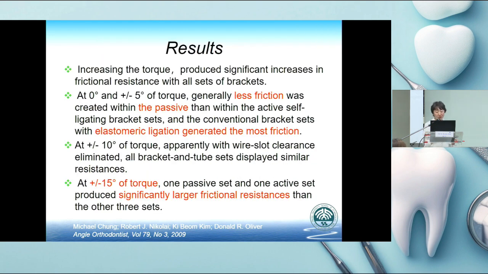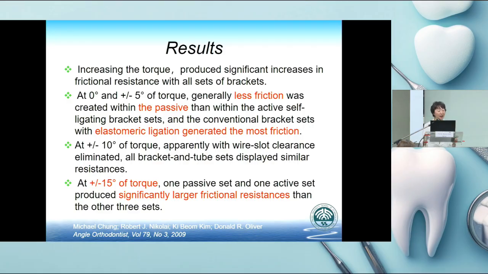The results show that when we increase the torque, it produces a significant increase in frictional resistance with all sets of brackets.